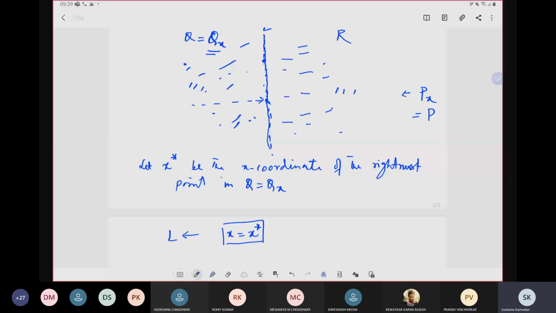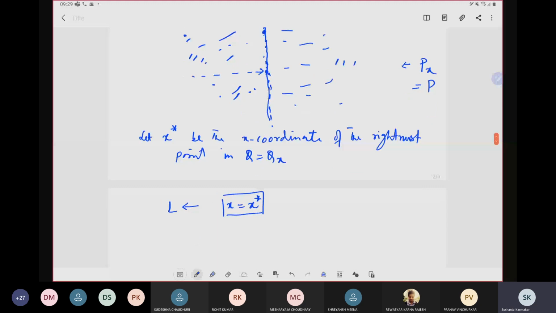Because we define the partition Q and R as the first n by 2 and the second n by 2 in Px. I hope this is clear. Only one point in Qx is on this line, and all the rest are to the left, while all points in R are on the right side of this line.